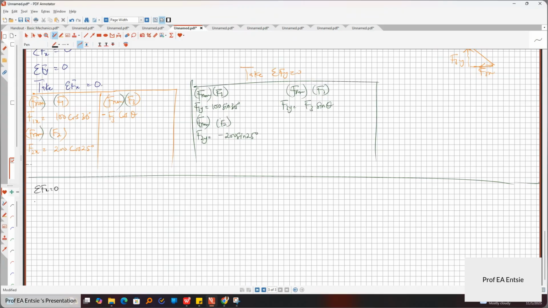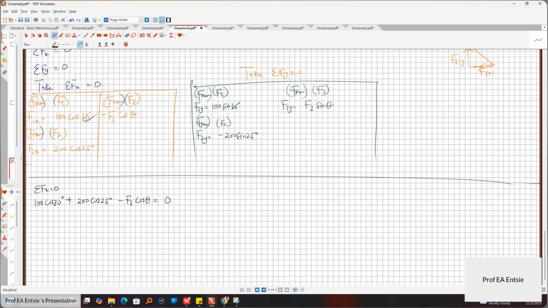So it means that 100 cos 30, which is coming from here, plus 200 cos 25, minus F3 cos theta should be equal to 0.